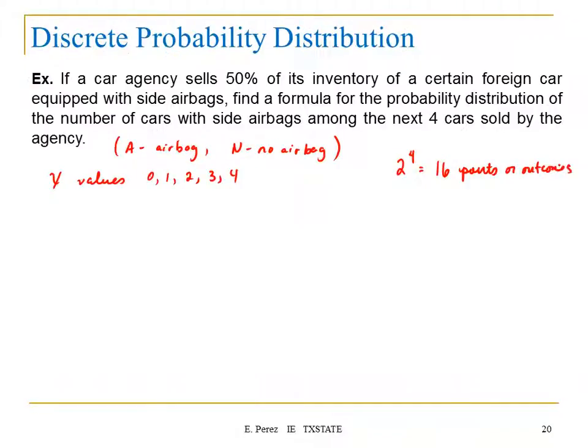And we can define them. Your sample space is N, N, N, N, then N, N, N, A, and so on until you get to A, A, A, A. Meaning that for the first outcome, no airbags for all of the next 4 cars, or you can have no airbag for the first 3 and an airbag for the 4th one, and so on.